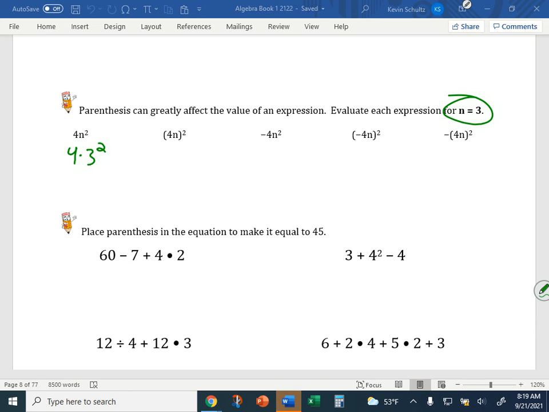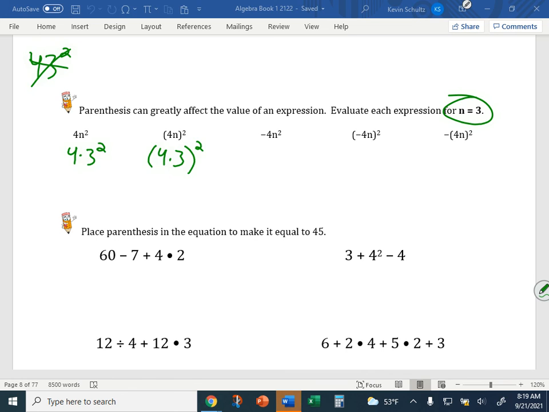But when I plug a number in for the variable, I can't just write 43 squared, because it looks like 43, when it should be 4 times 3. So 4 times 3 squared, and then use order of operations to evaluate that. The next one, same kind of deal, only now we have that 4n in parentheses. How do parentheses change things here? Okay, so you can work through all of them.